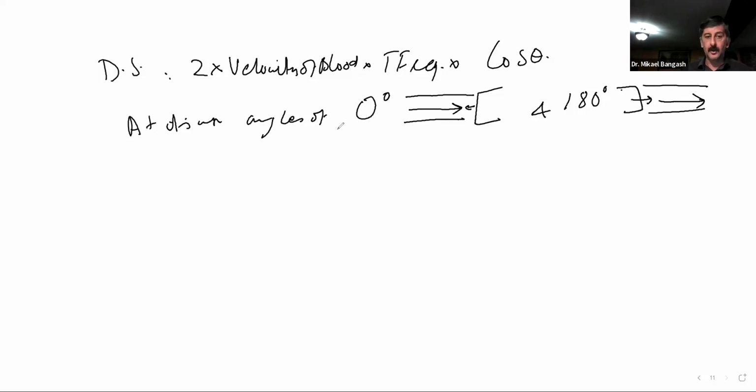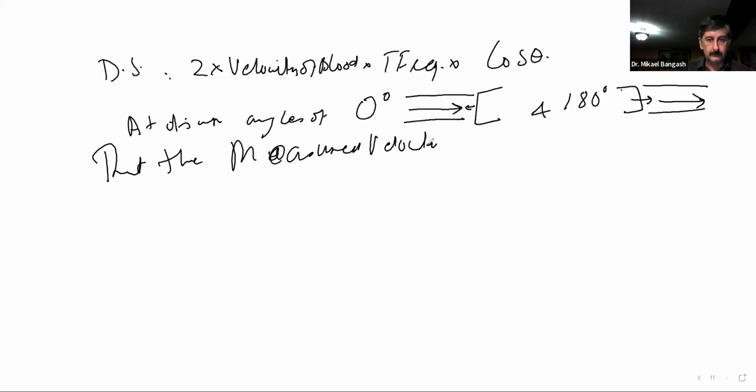It's only at these two angles here that the measured velocity equals the actual velocity. Why?